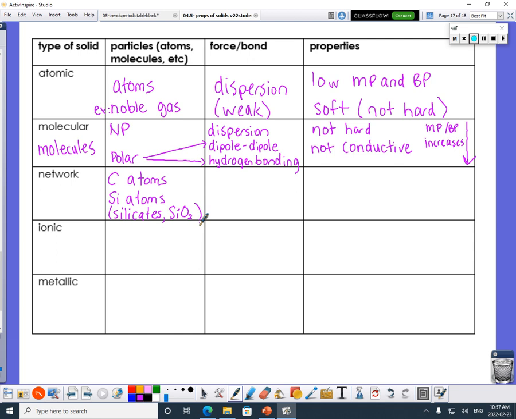The force is covalent. Which, if you want to remind yourself, it's very strong. So these are hard, very high MPBP.